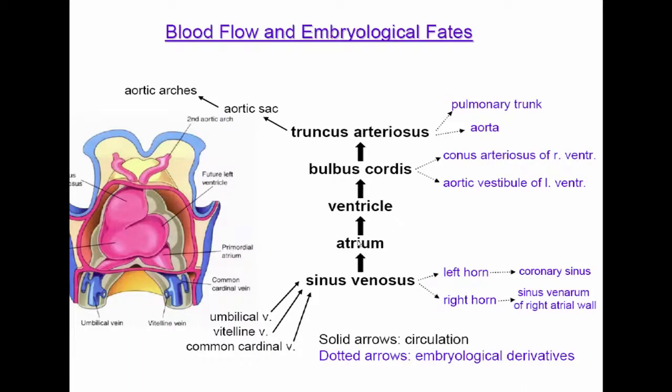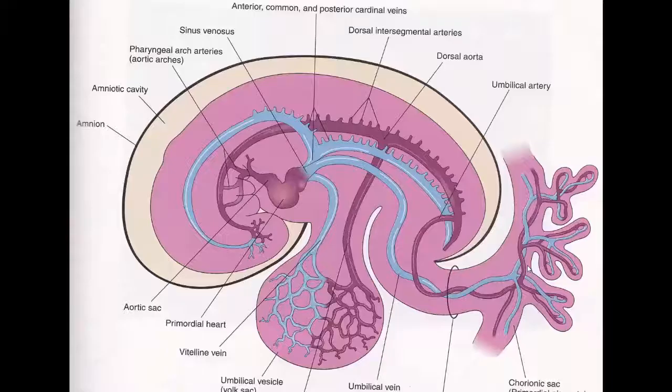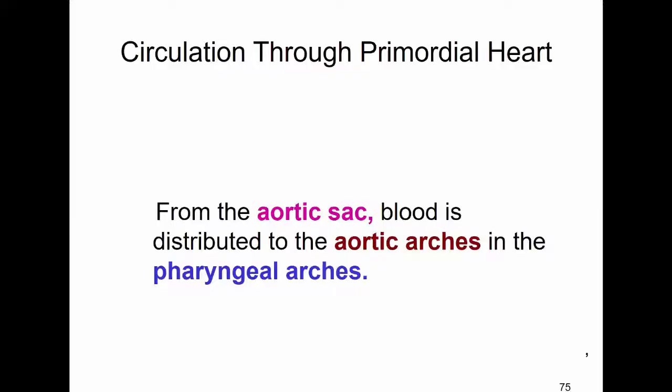From the common atrium through the atrioventricular orifice into the common ventricle. From the common ventricle to the bulbus cordis, and then to the truncus arteriosus, then the aortic sac and aortic arches. And these are the derivatives. And about the sinus venosus, the right horn and the left horn. So let us go to the figure and I'll finish it today.